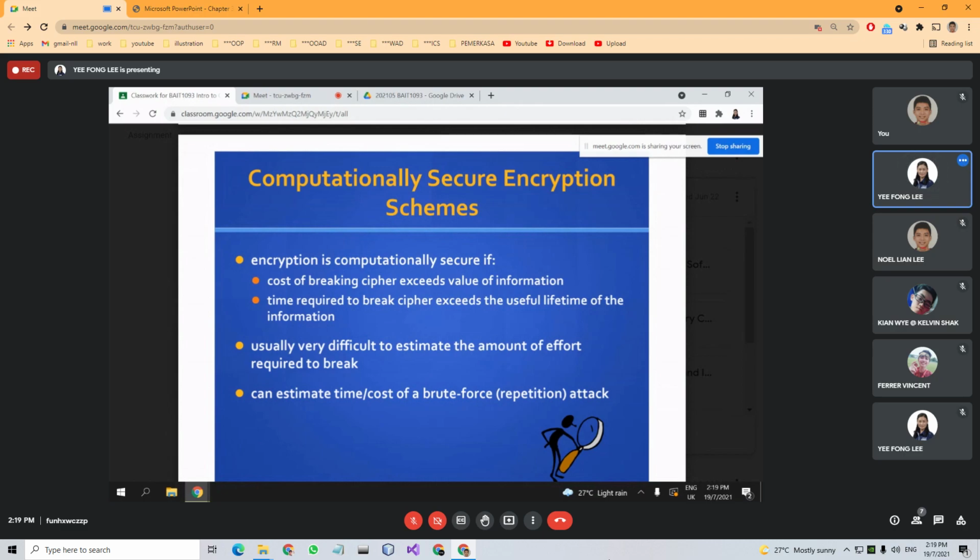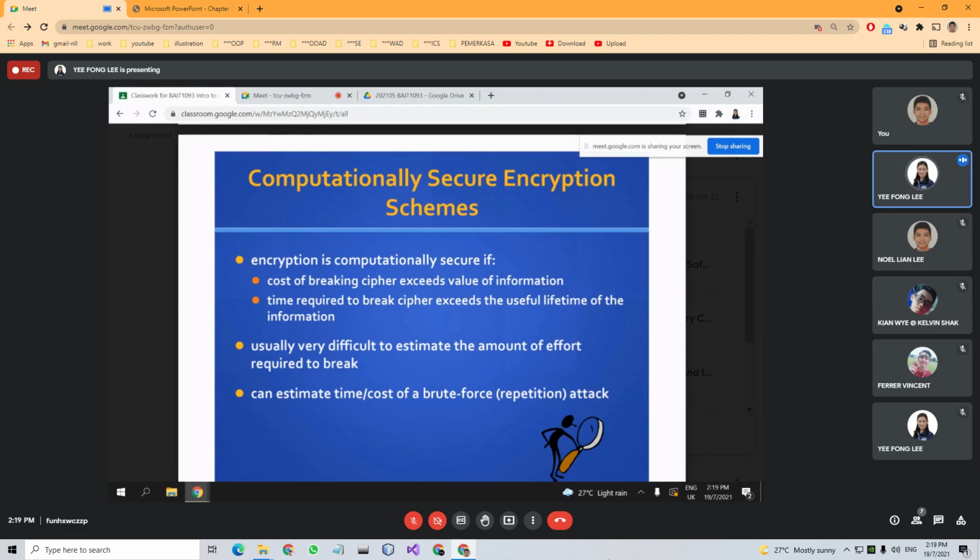Yes, agree. The time used to crack the cipher might exceed the usefulness of the information. So of course they have to compare that in terms of cost, whether it is worth it to do so, and in terms of time. Unfortunately, even though we say so about the cost and the time, it is difficult to estimate the amount of effort required to cryptanalyze the ciphertext successfully.